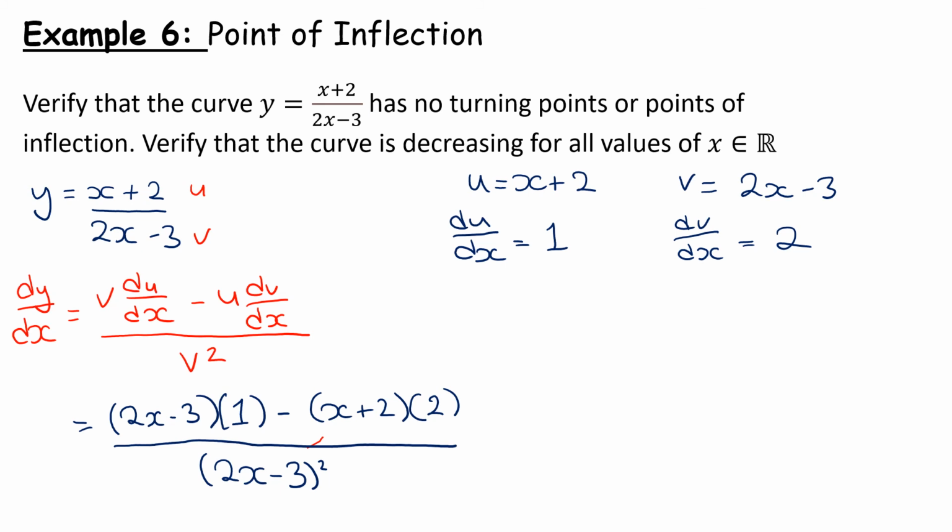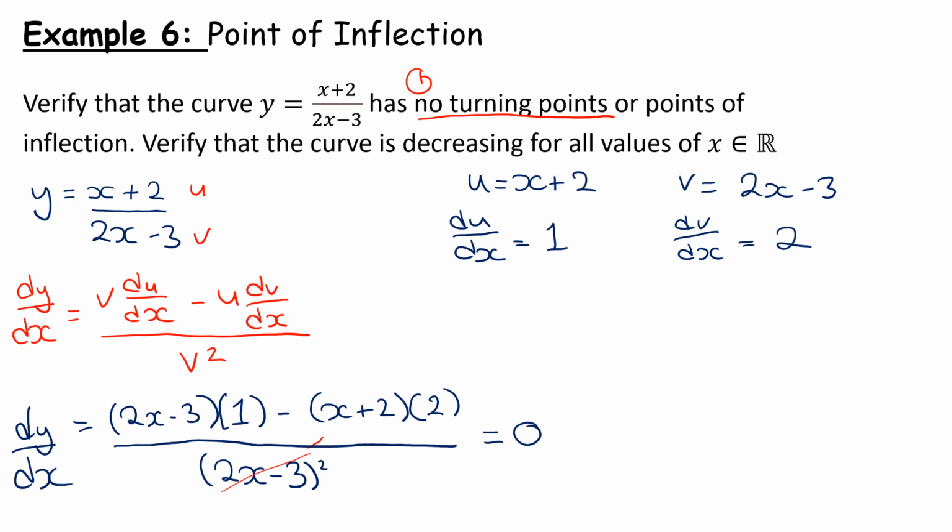Okay. So let's deal with this. We don't even need to clean it up. This is dy/dx. The first thing that they asked us to do was verify that it has no turning points. So to get your turning points, we would let dy/dx equal 0. Now, if we let this thing equal 0, then we would multiply both sides by the denominator to get rid of the denominator, which would mean 0 by (2x minus 3) squared, which is still 0.